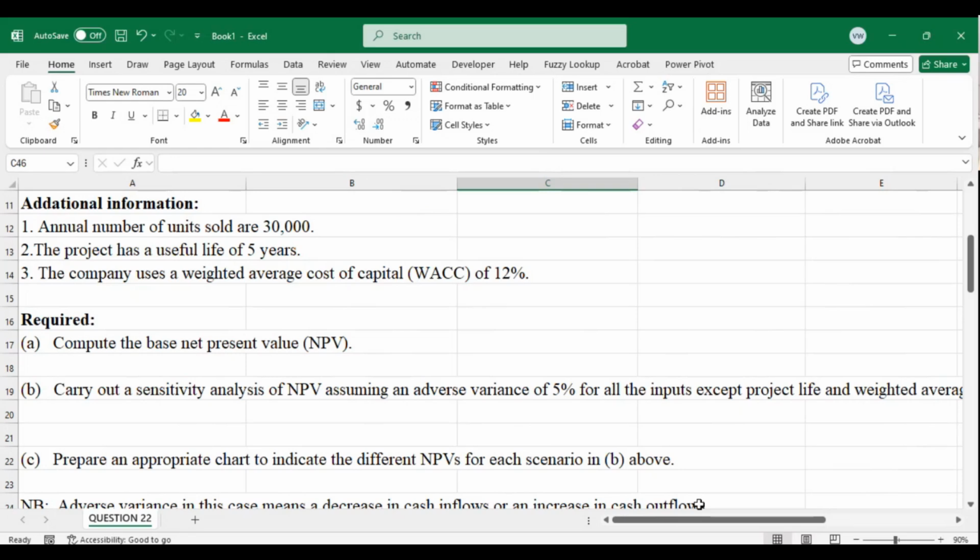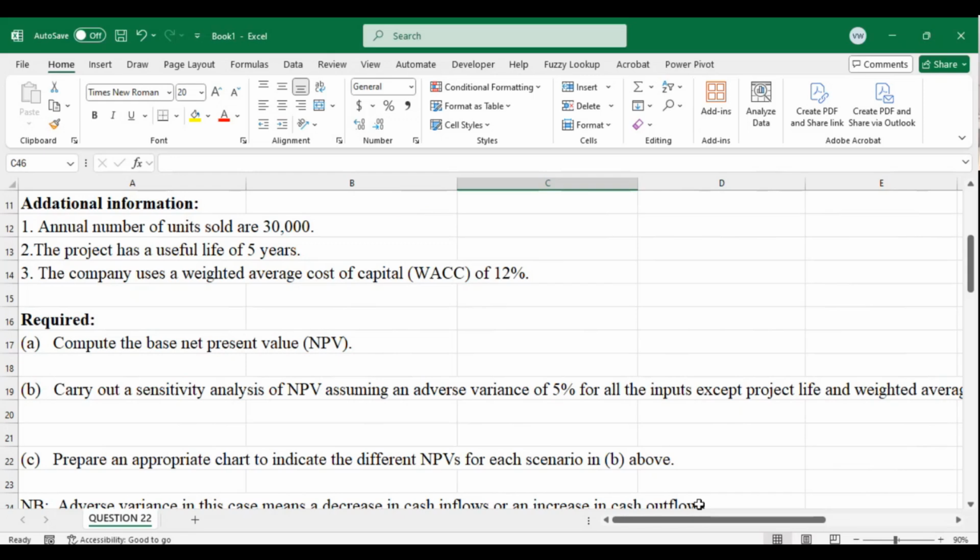Adverse by 5% means that it is not a positive change. It is not a good change. So if the change is adverse, you have to ask yourself whether it's an inflow or an outflow, because an adverse change in an inflow is expected to decrease, and an adverse change in an outflow is expected to increase.